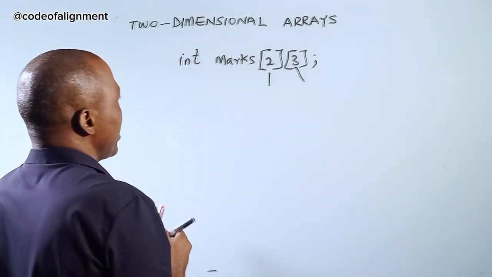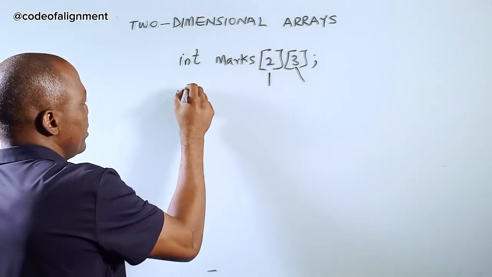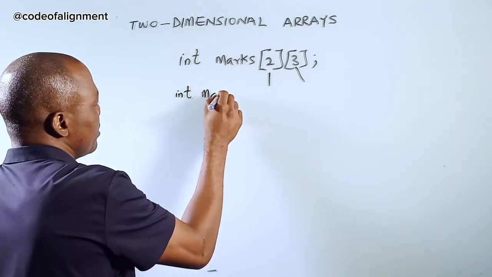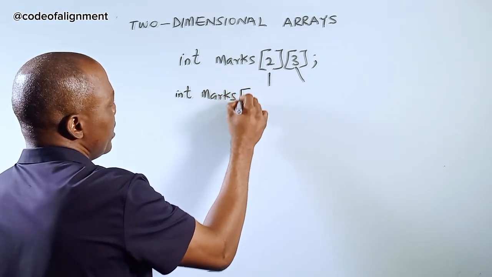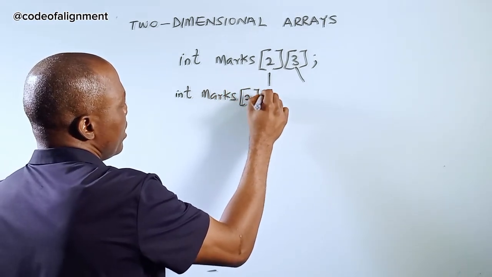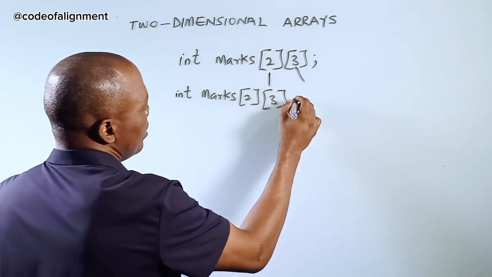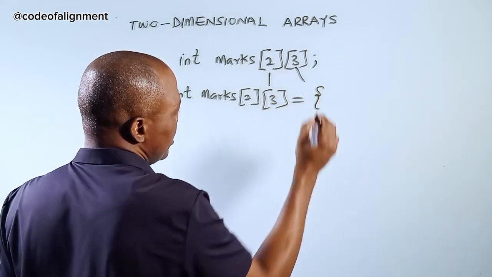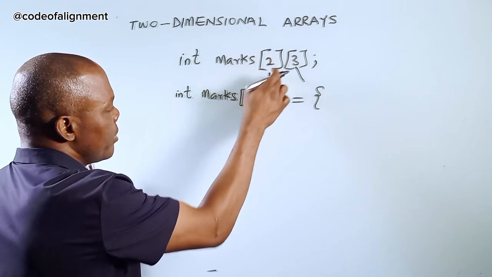So we say something like this. Int max, right? And then we say 2 and then 3. Now, inside it, we have 2 rows.